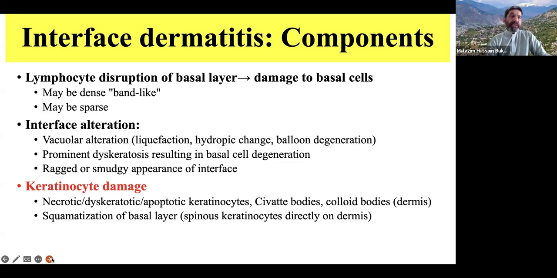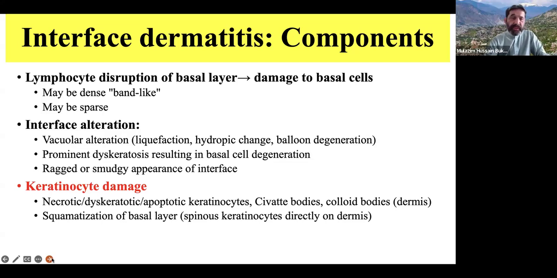So these three to four important features differentiate spongiotic dermatitis from interface dermatitis. But the presence of some other changes we divide into interface changes, such as vacuolar, as we have discussed.